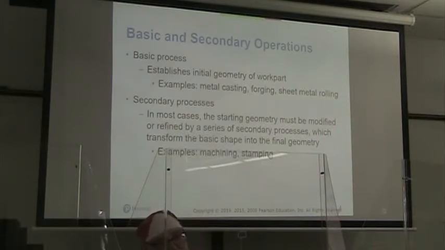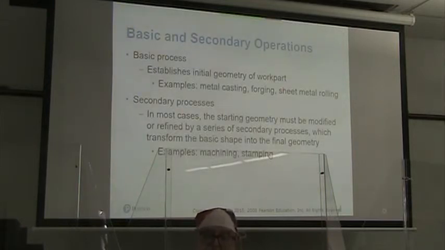So our basic process is going to establish the initial geometry of our work part. For example, that might be metal casting, it might be forging, it might be sheet metal rolling. The secondary processes: most of the time that starting geometry will have to be modified or refined by a series of secondary processes.